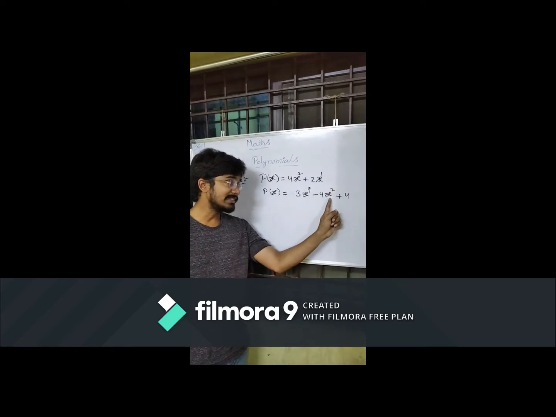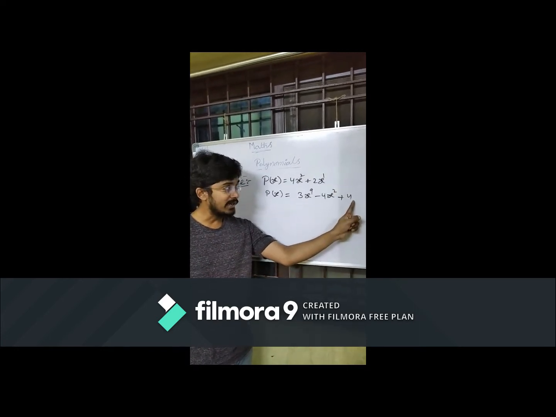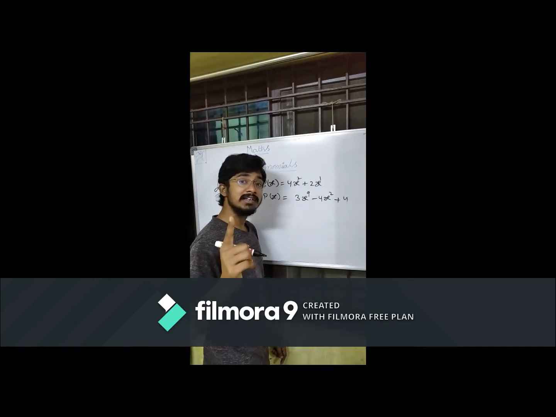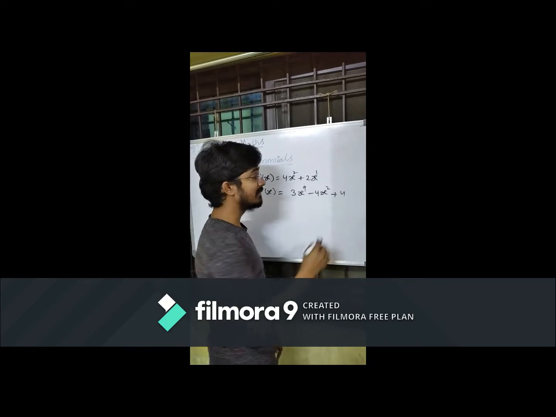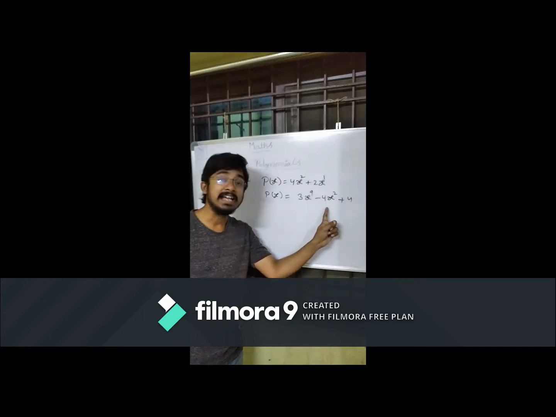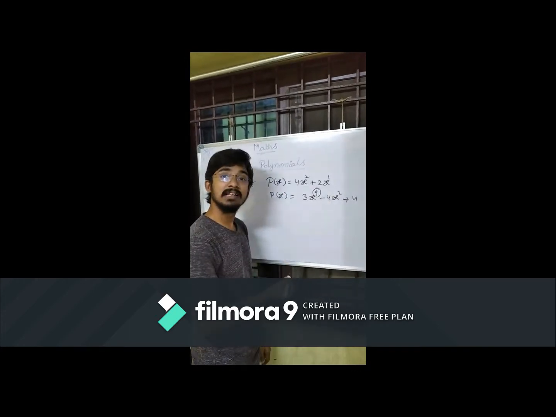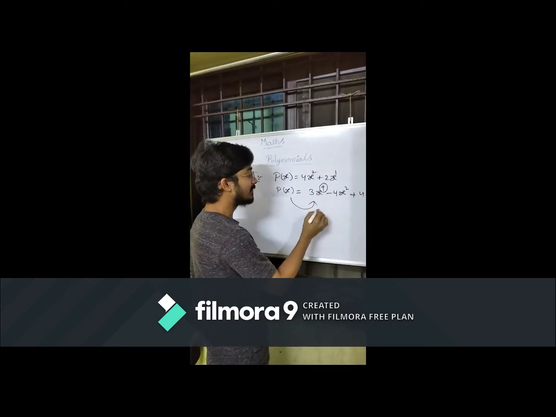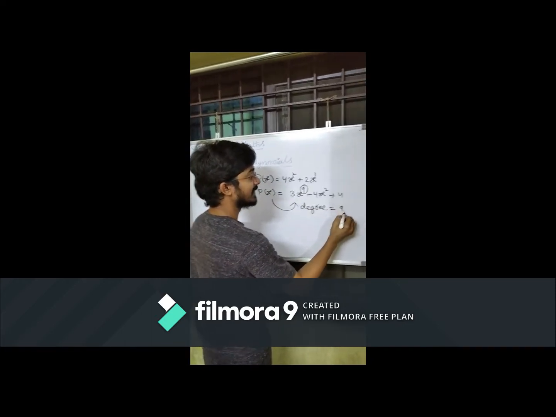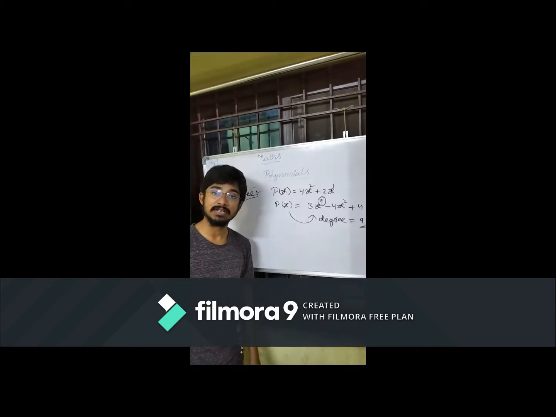For the second term, the power of the variable is 2. For any constant term, the power of the variable is always 0. The highest power of the variable is 9. So the degree of this polynomial p of x equals 9.